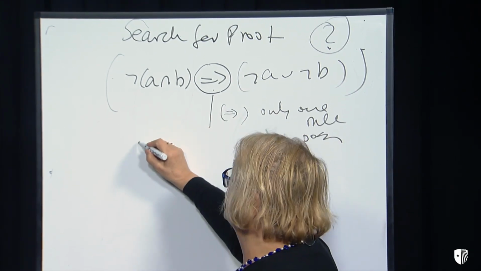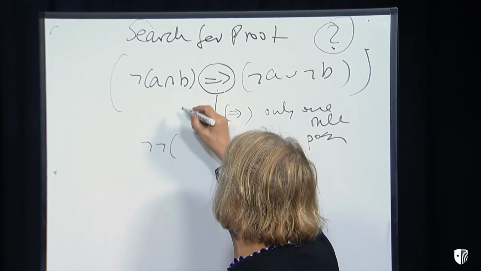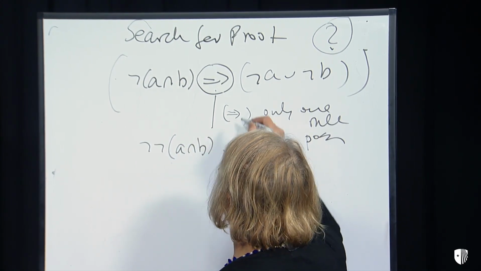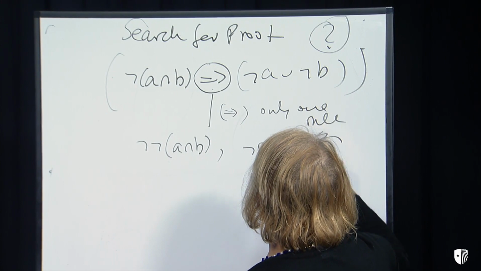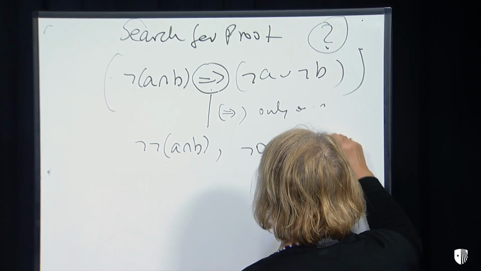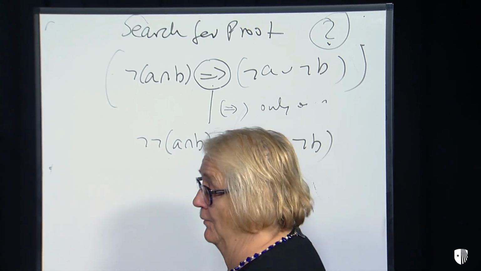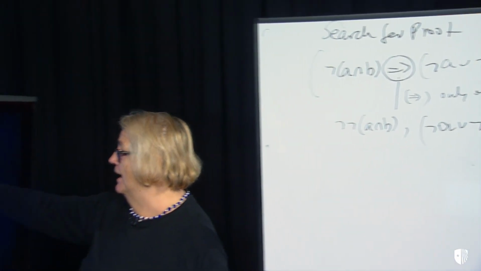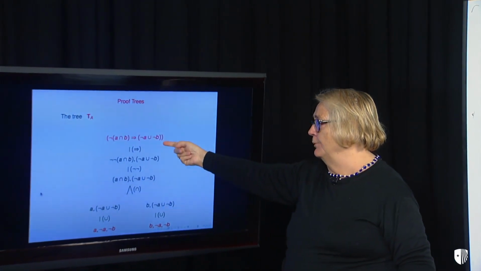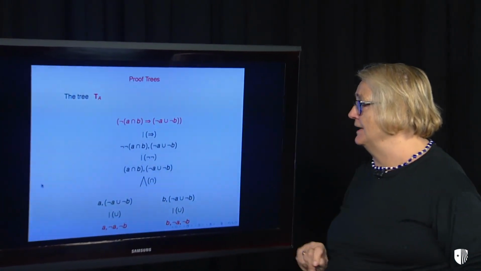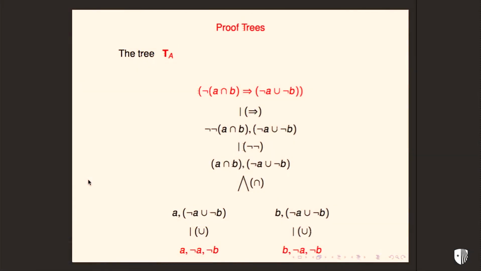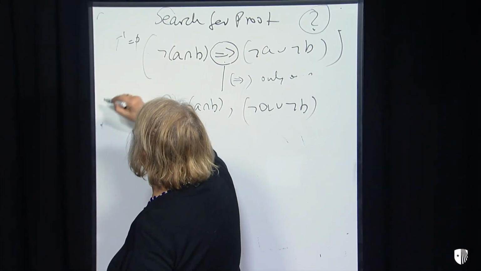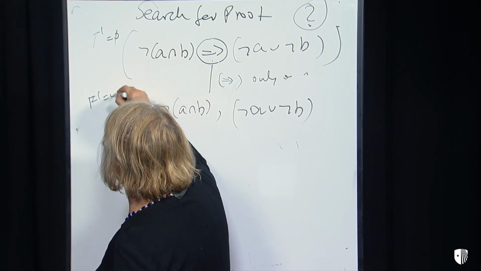What that rule says is that you have not A, B, and not A or not B. So you can see that now we go from here. I said, if I had a proof, it must have been only by implication. Which are the premises of implication? Not A, which would be the double negation of this, comma B. And now, again, you say, here gamma prime is empty, and here gamma prime is also empty.